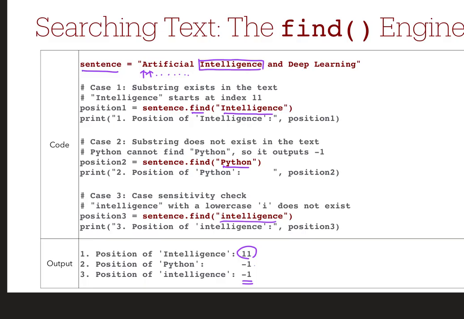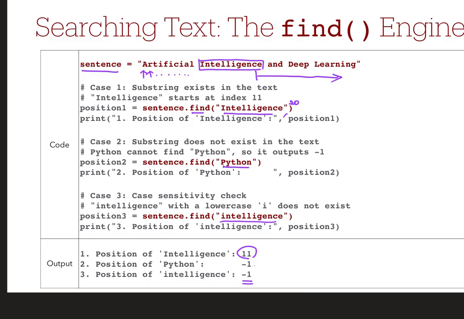If you provide a second parameter, say you search intelligence and say 20, then you cannot find intelligence when you consider the 20th letter and beyond. In that case, the find function will return -1. So the find function will search for certain expressions in strings.